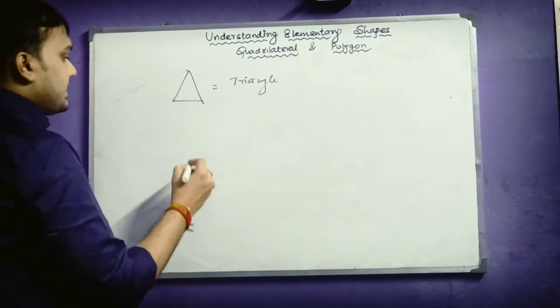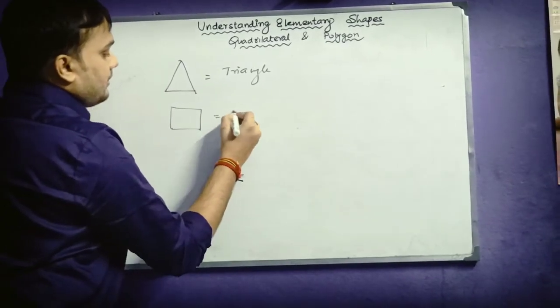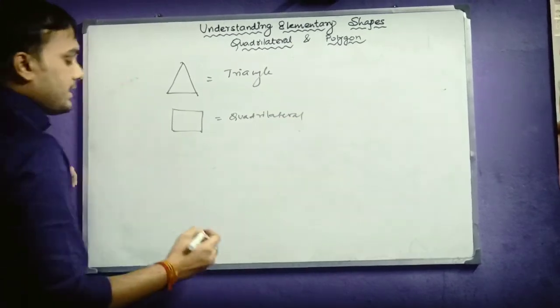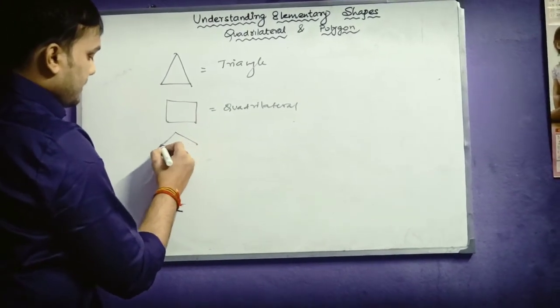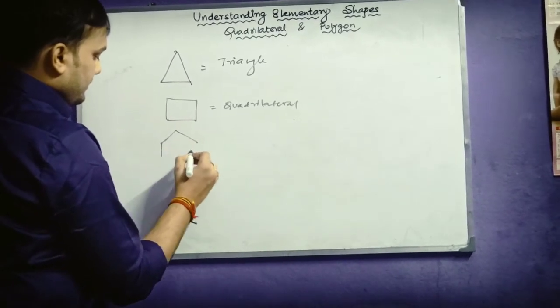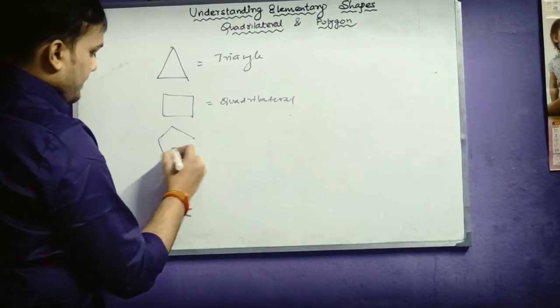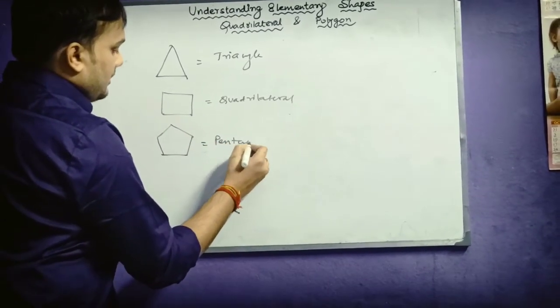Next is a quadrilateral with 4 sides. Then next is a pentagon, like this. This is a pentagon with 5 sides.